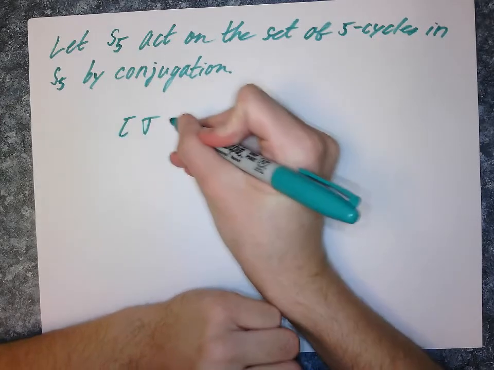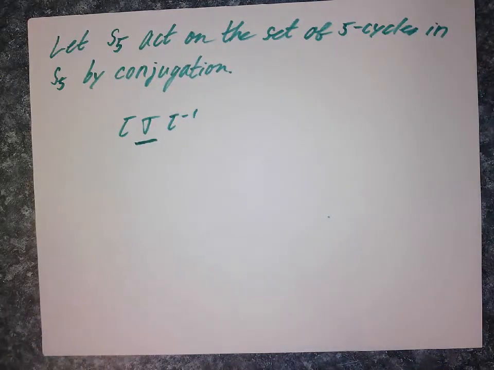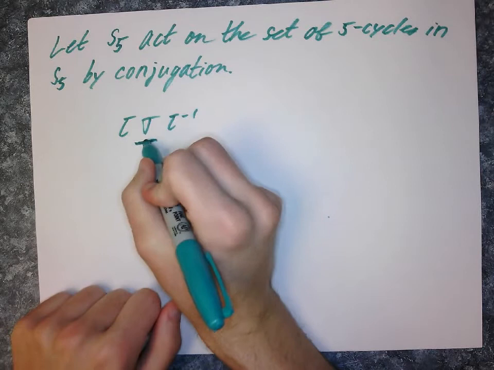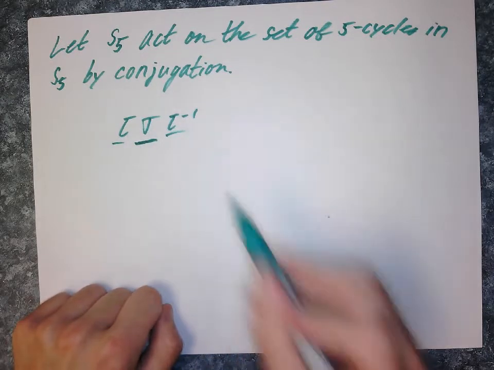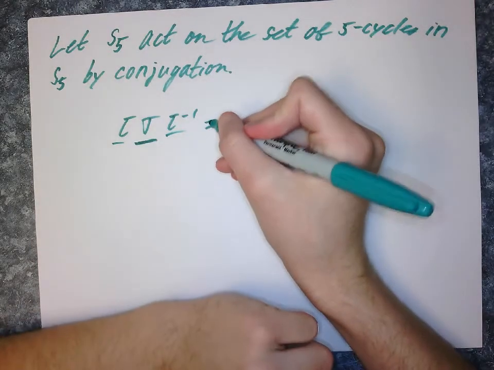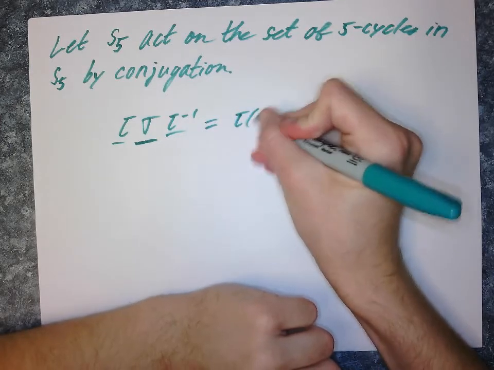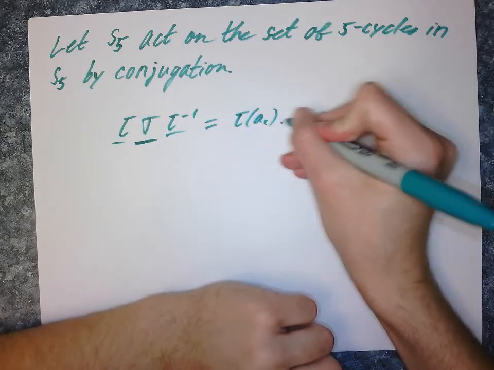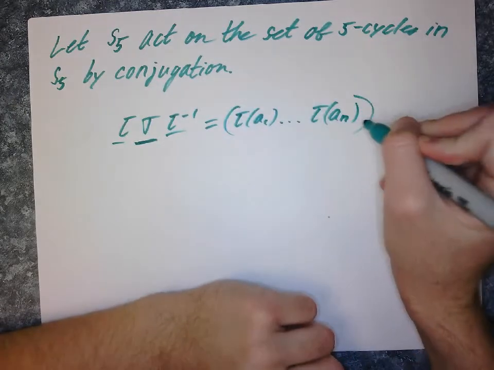tau sigma tau inverse. So this would be our 5 cycle. This works in a more general sense, but in this example, this would be a 5 cycle, and you're acting on it by conjugation by elements in S5. When you do that, you'll get something of the form tau, and then the first element in sigma, all the way until whatever the last element is of sigma.